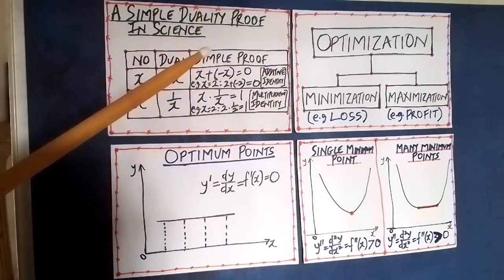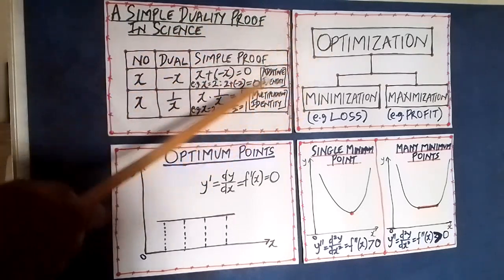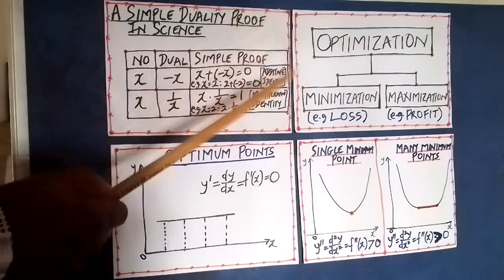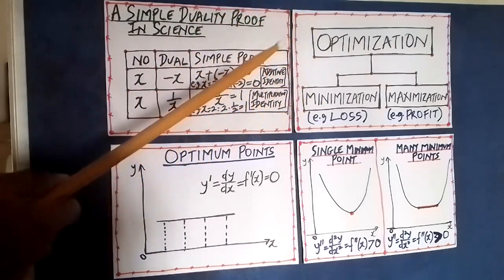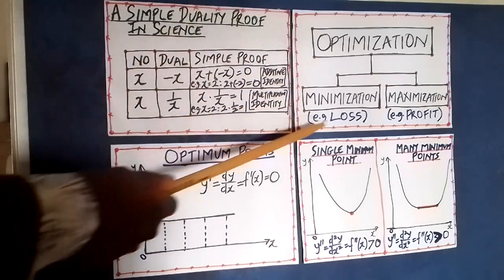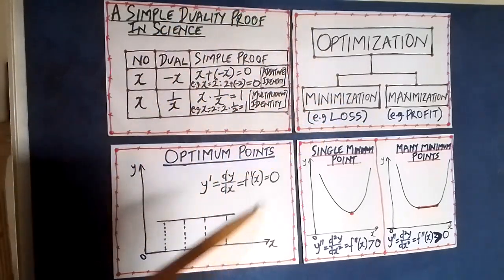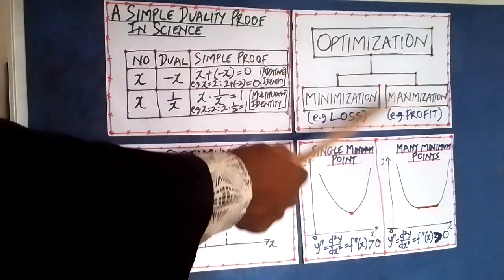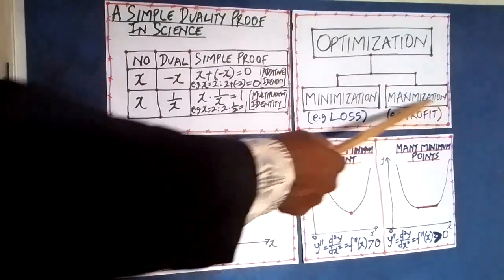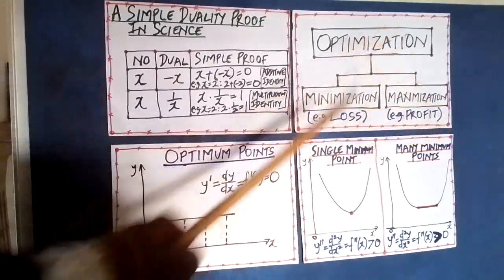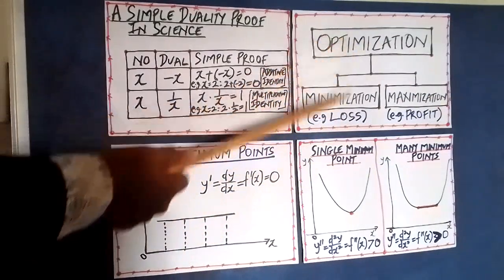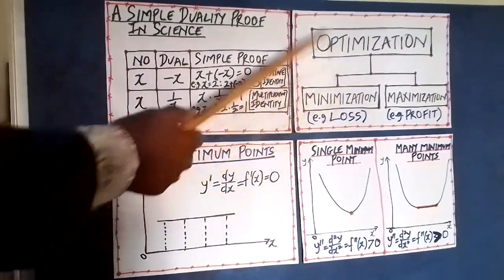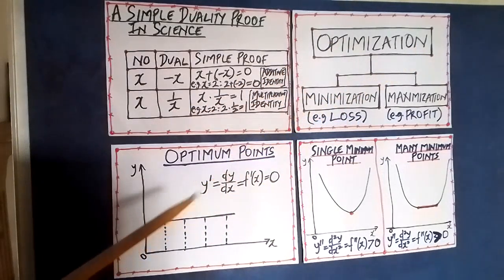For instance, if I'm transacting business, a businessman wants his loss to be very minimal. So you minimize loss. But in terms of his profit, he wants the profit to be the maximum. So you talk about the maximization of profit. So it's an applied form, an application of duality in science.